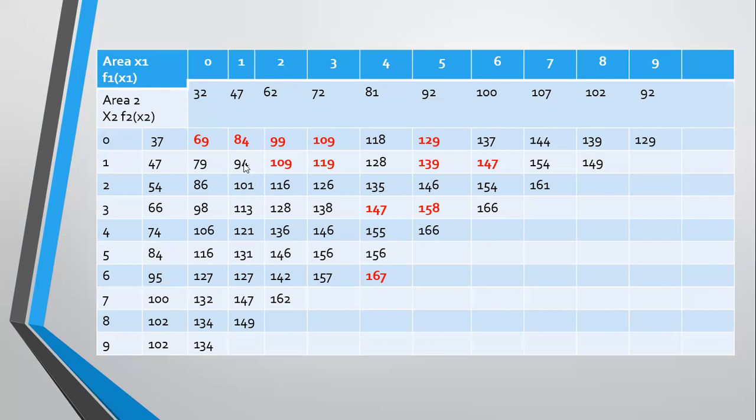So what will be the remaining resource constraint? 9 minus 1, 8. Up to 8 representatives I can allocate. In this corresponding row, I can find the total profit cost for the maximum number of sales representatives that can be allocated in the particular row by adding area 1 and area 2.